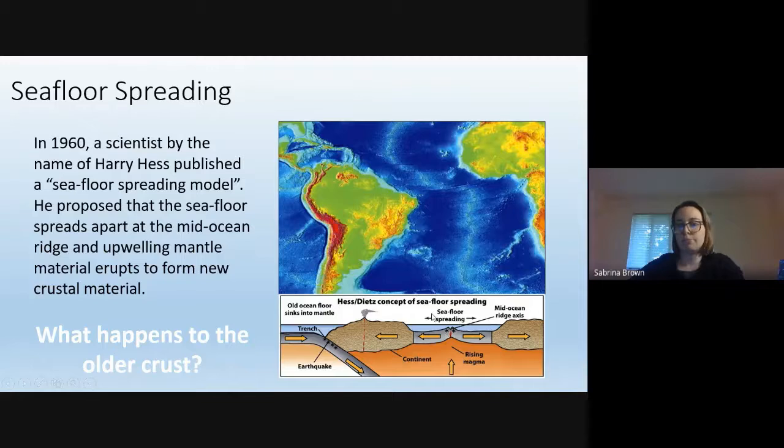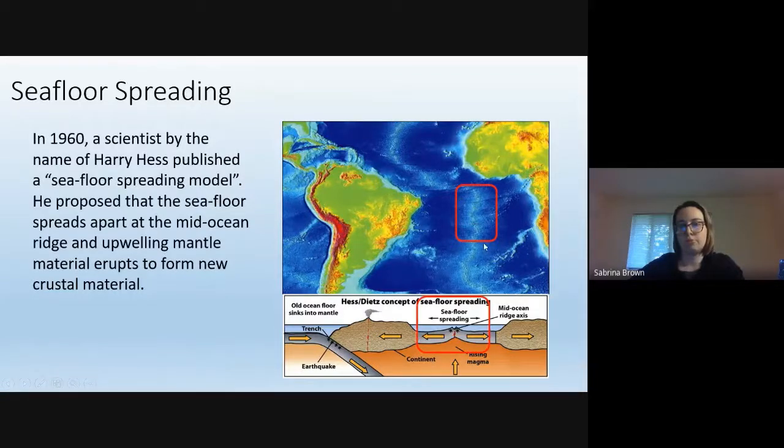And so we have seafloor spreading where we're creating new crust, and it's moving outwards from that ridge because it's spreading. Then somewhere that older crust has to be recycled.